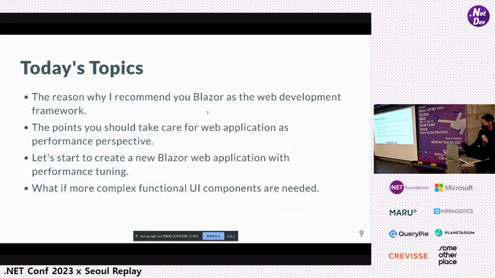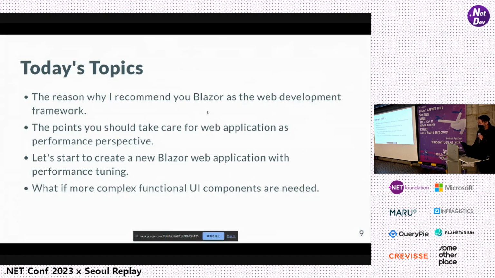Okay. This introduction has become quite long, but here are today's topics. In the beginning, I'm going to talk about the reason why I recommend Blazor today. Next, I'd like to show the points you should take care of for web application performance.